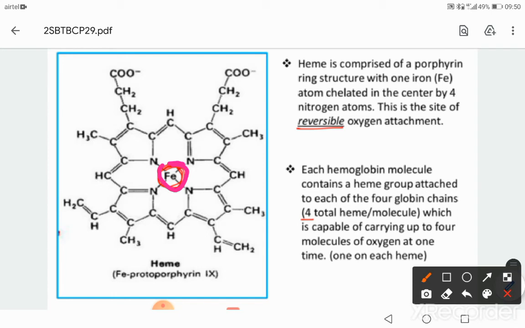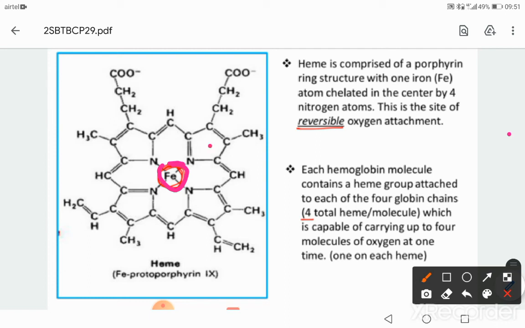This is the site of reversible oxygen attachment. Each hemoglobin molecule contains a heme group attached to each of the four globin chains, four total heme groups per molecule, which is capable of carrying up to 4 molecules of oxygen at one time.